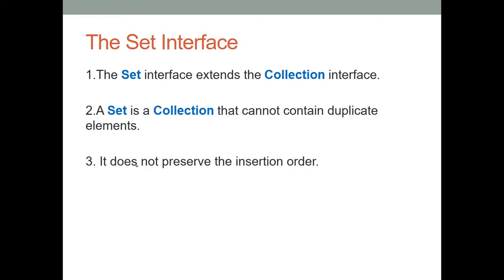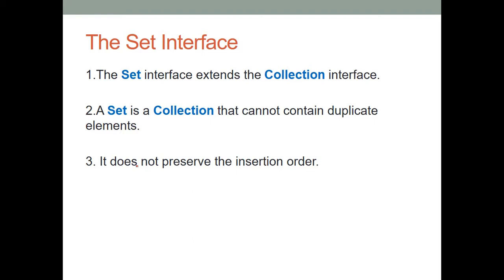So let's continue. First of all, you have to think about why the Collection framework gives us the Set interface, the List interface and the Queue interface, and also Map. But right now I'm going to discuss only Set.